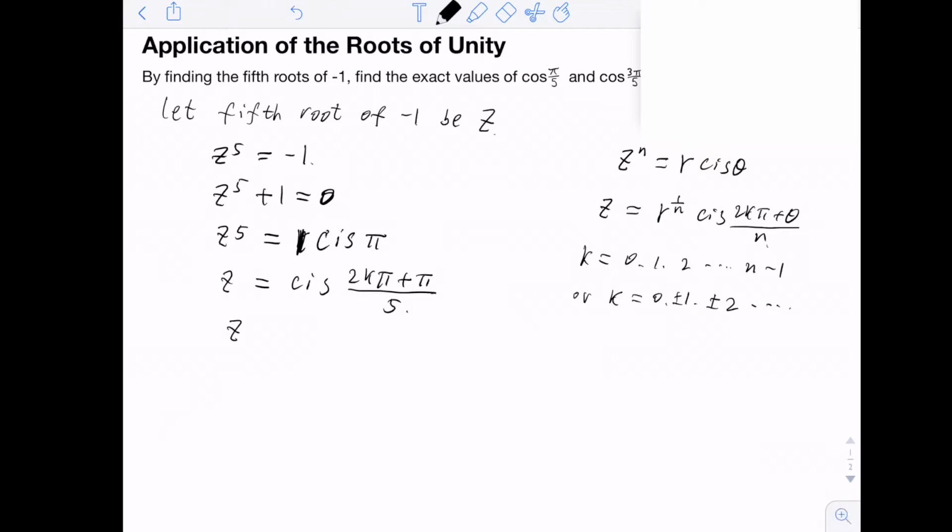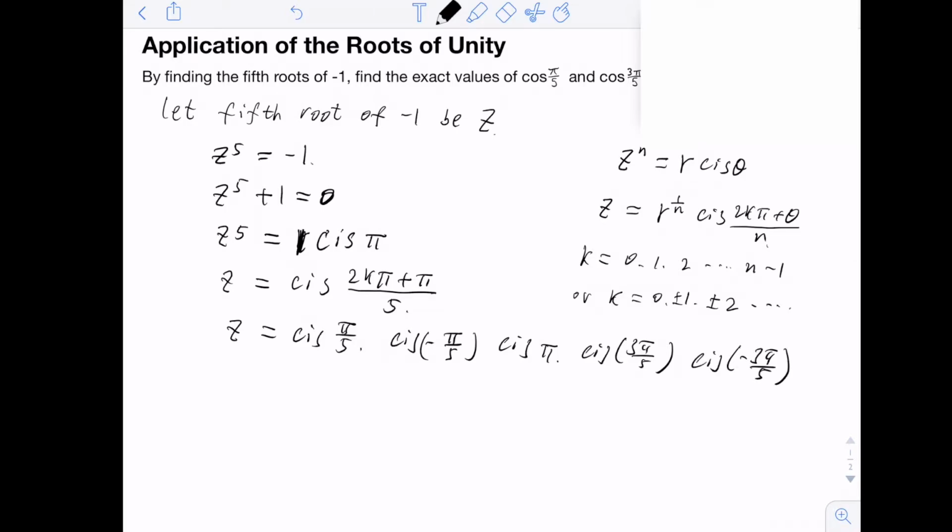So I have z equals cis pi on 5, cis negative pi on 5, cis pi, cis 3 pi on 5, and cis negative 3 pi on 5 with different values of k. I get these 5 different roots.